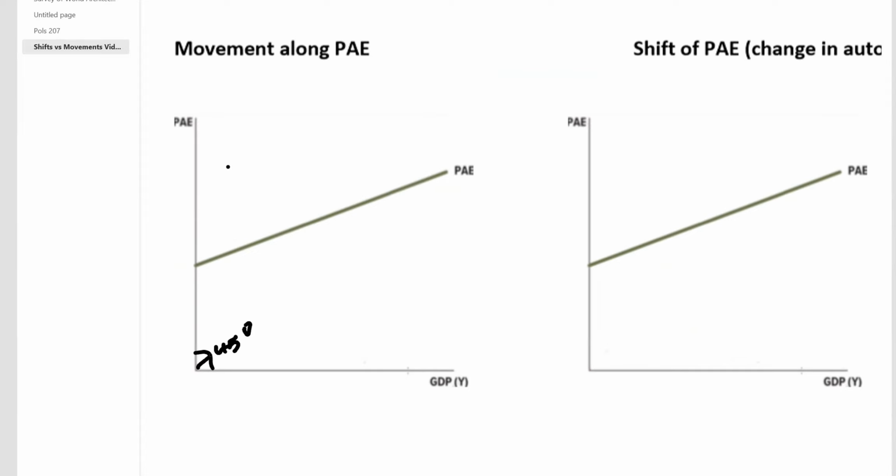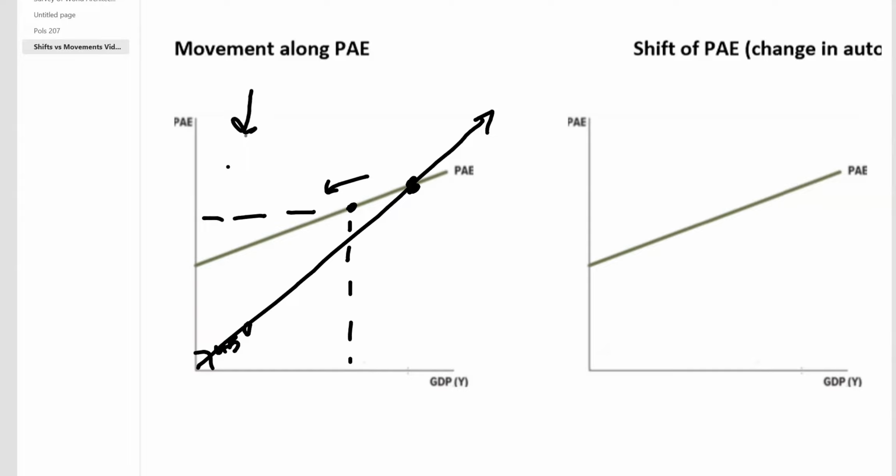A movement will be like if you're producing up here at the equilibrium, and you have a decrease in income, that'll just be a movement down the curve somewhere down here. So that'll just be a movement, like a decrease in income.